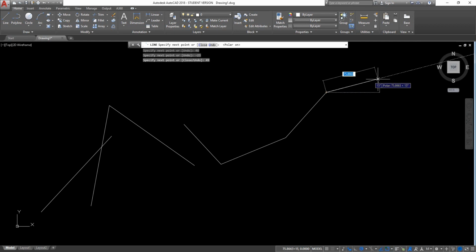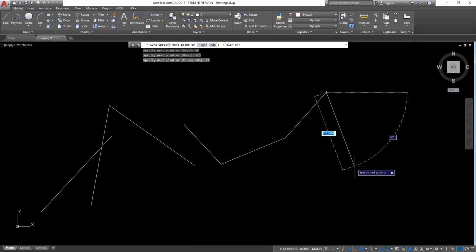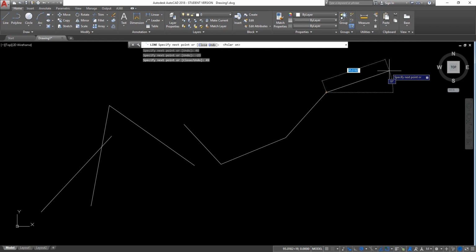So this assures you that the line has an angle with a full precision in this elevation. You don't have to type 15 in the angle field, just the distance.